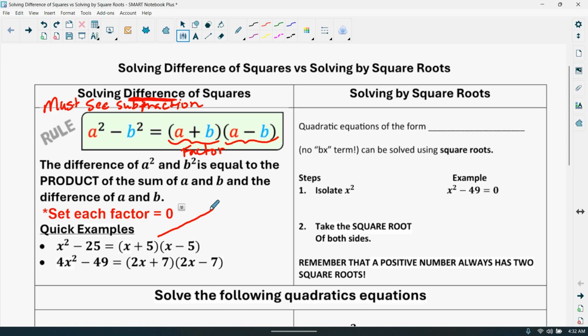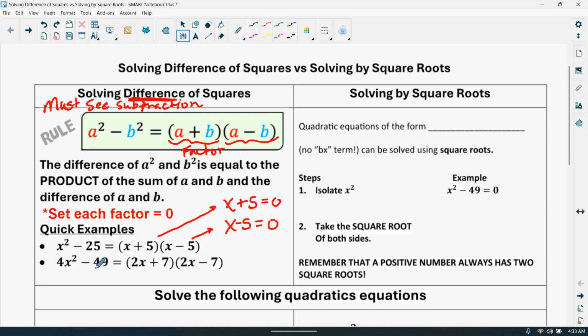We set this one equal to 0, so that'll be x plus 5 equal to 0, and then we also set the other one, x minus 5, equal to 0. Then we're just solving like a regular one-step equation. So here we just subtract 5, here we'd add 5. We would do the same thing here.